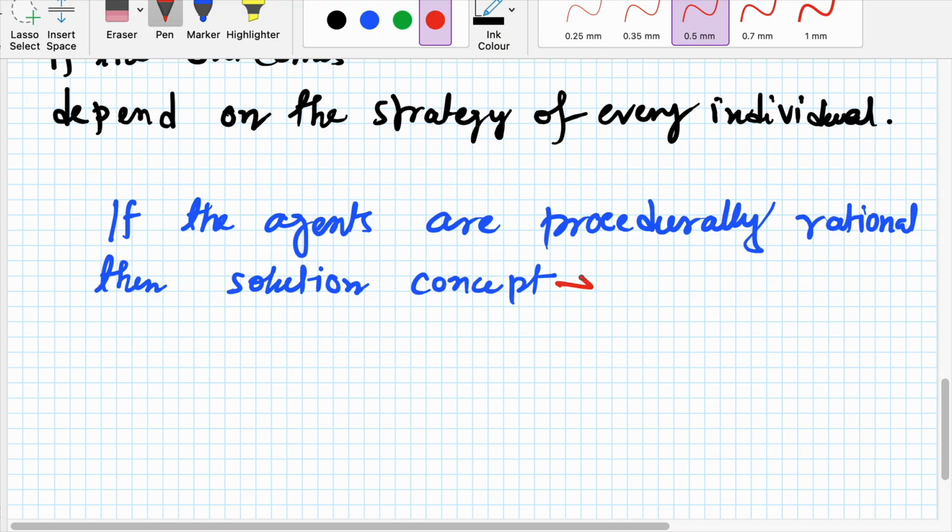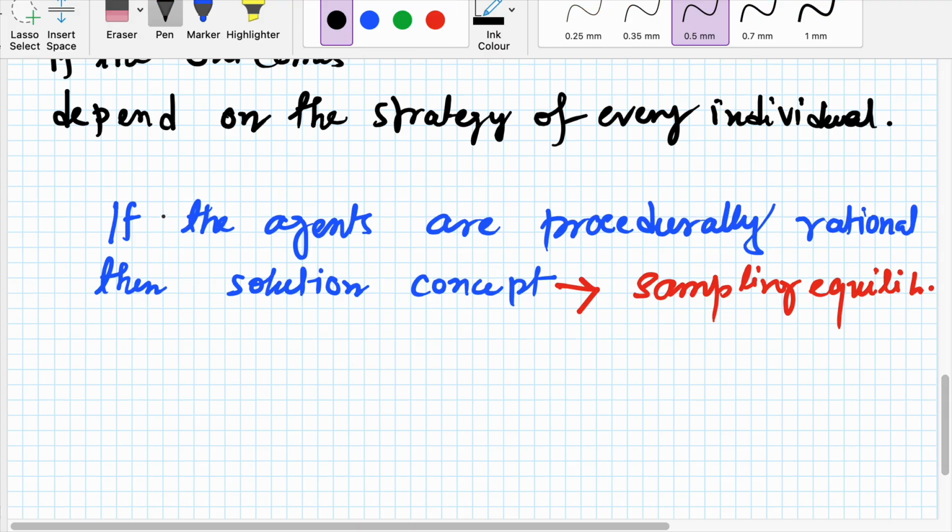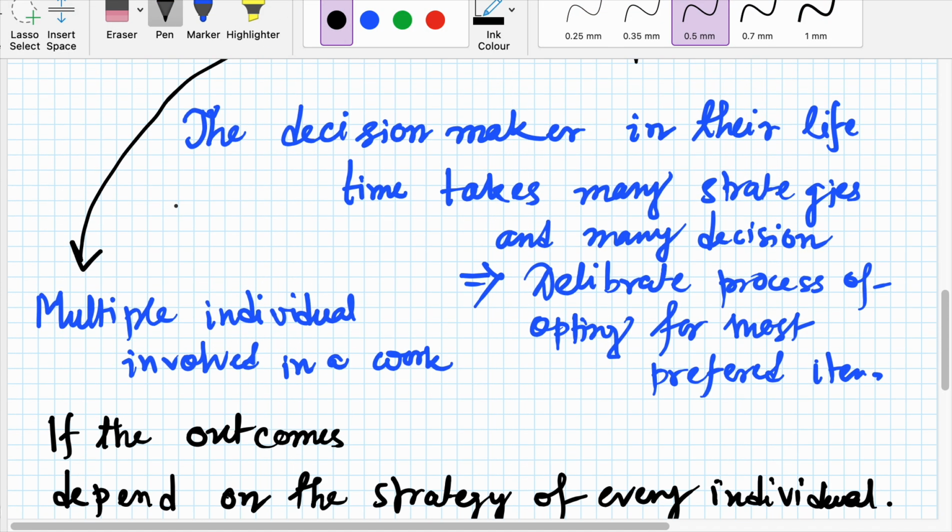We have seen that it is sampling equilibrium. And the above stated thing is also true for this case, because they can take many strategies in their lifetime, and they can change their strategy whenever they want.